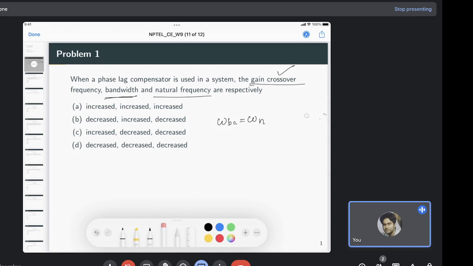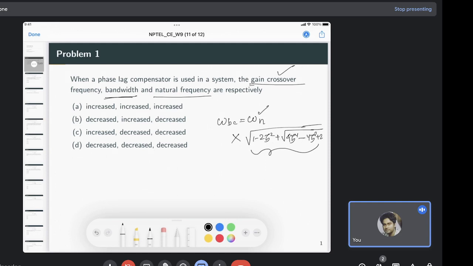So we see that the bandwidth is a function of the damping coefficient and the natural frequency.